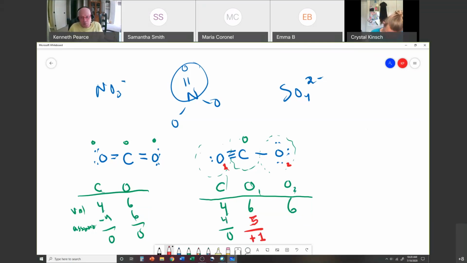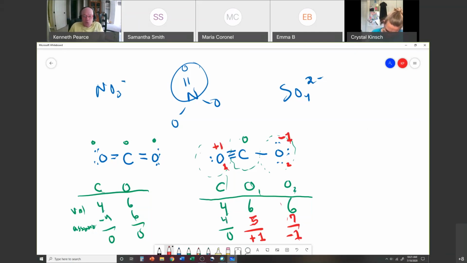Oxygen number 2, how many do we have assigned? 2, 4, 6, 7. Minus 1. And so oxygen number 1 is plus 1. Oxygen number 2 is minus 1 for formal charges. It still adds up to 0. Plus 1 minus 1 is 0, so it's still a neutral molecule, so that's okay.